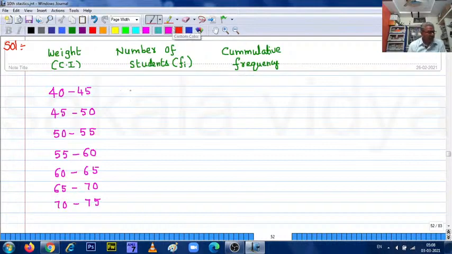Now 40 to 45 has 2 students, then 3, 8, 6, 6, 3, 2. This is the number of students. First you prepare the table.